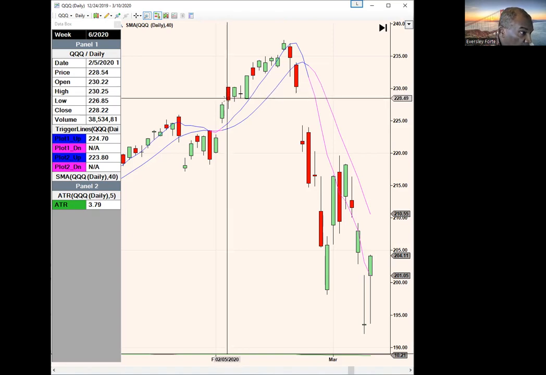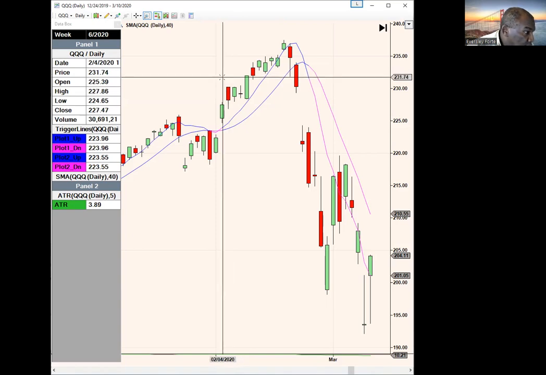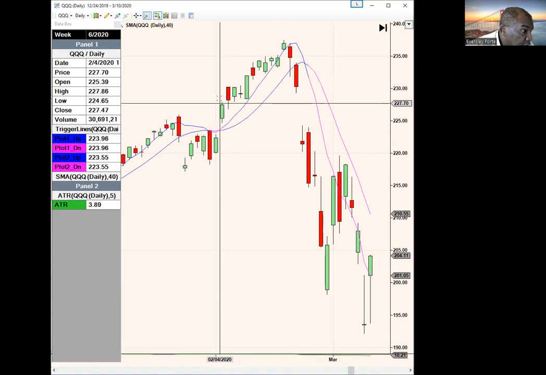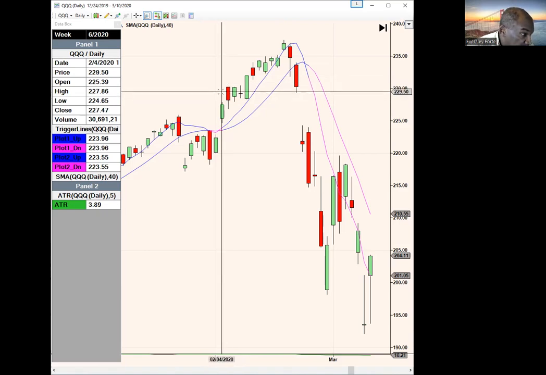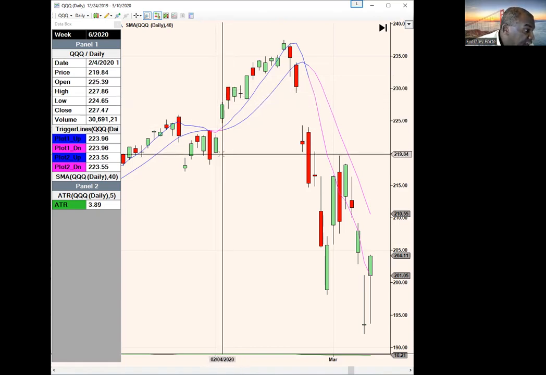So let's say it opened at 230.22 and your target was going to be 3.89. If you get in 1 point lower, then your target can now be 4.89 rather than 3.89. If you got in 2 points lower than the open, then your target can now be 5.89 rather than 3.89.